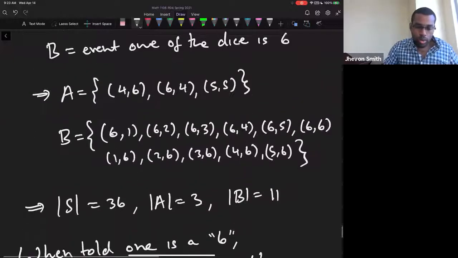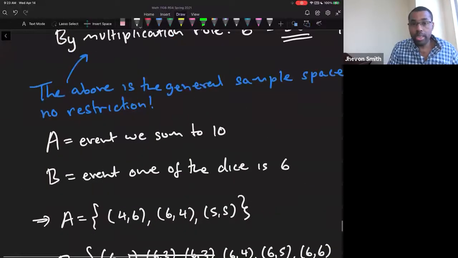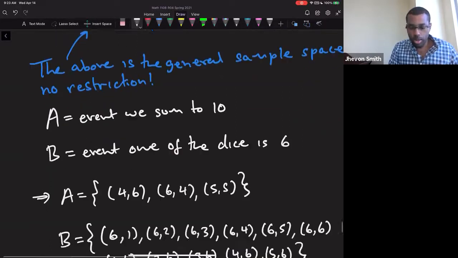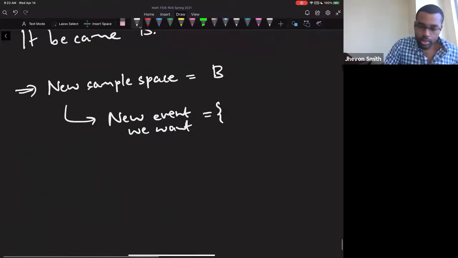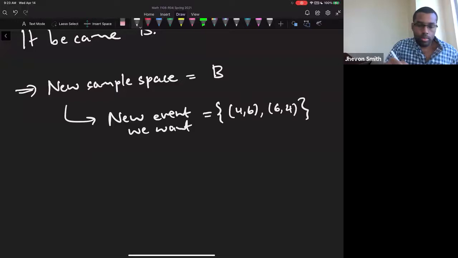So what is the new event we want? At first, we wanted the sum to be 10, which we could get in 3 different ways, 4 and 6 or 6 and 4 or 5 and 5. Now, what happens? 5 and 5 is no longer an option. So I can now do 4 and 6 and 6 and 4, right? 5, 5 is no longer an option.